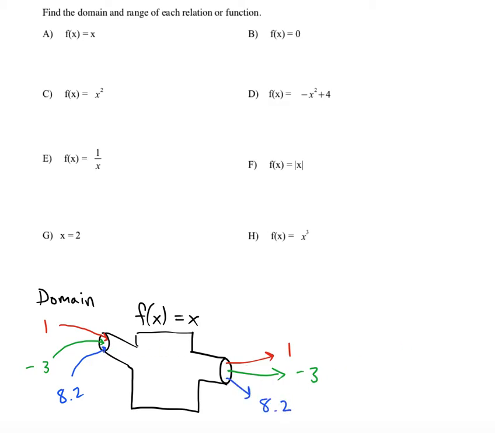Is there any real number that we can't plug into this formula? And the answer is no. This operation can be done on any number. So what we want to say then is what the domain is, in words or symbols.